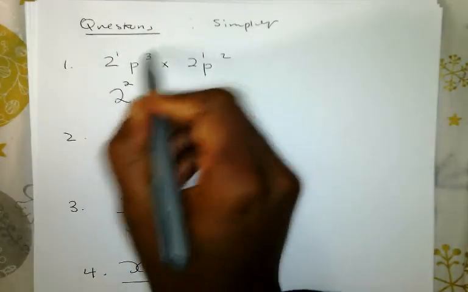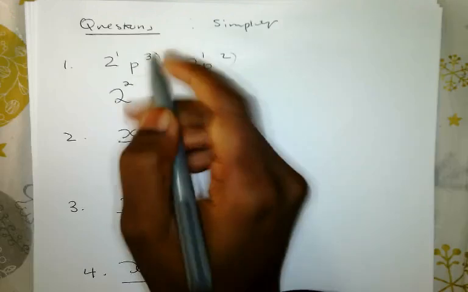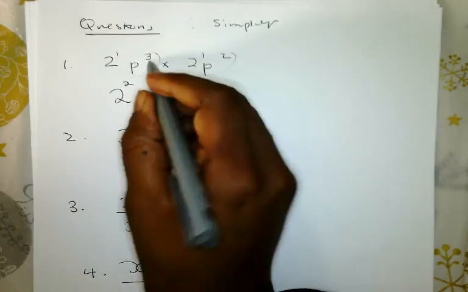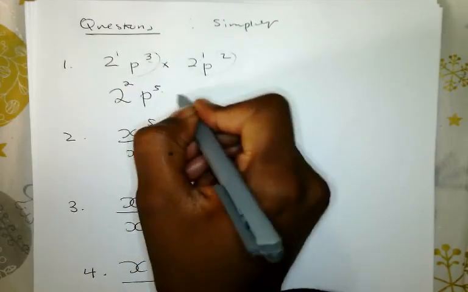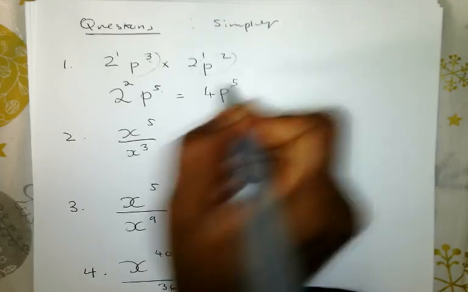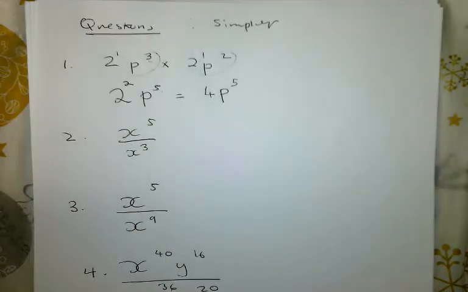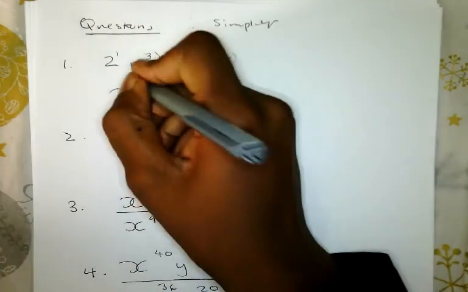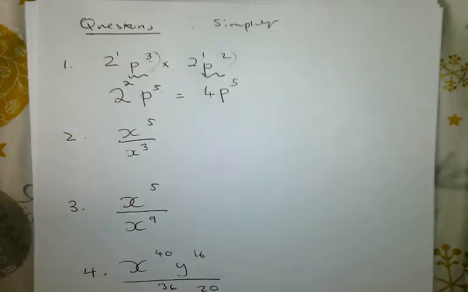And this also, they're the same base, so I'm going to add the exponents. 3 plus 2 becomes 5, meaning my final answer will be 4p to the power of 5. Does it make sense? These are the same base, so I can add the exponents.